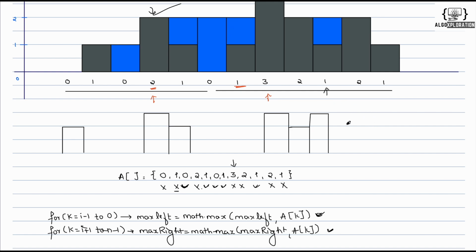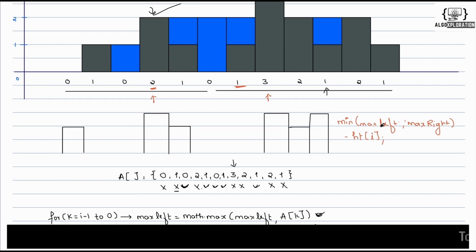So the formula will be: first of all, we have to find the minimum of maxLeft and maxRight, right? And we have to subtract from it the height of the ith building. In this way we can figure out how many blocks of water the ith building is going to store. I hope you got this.